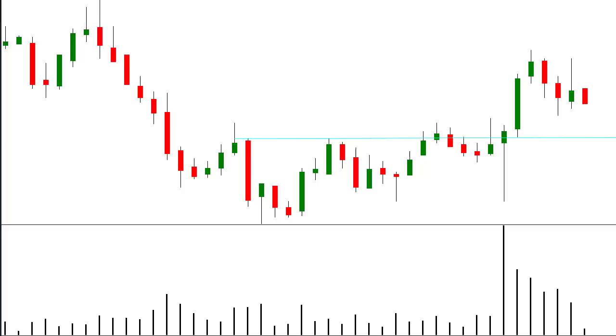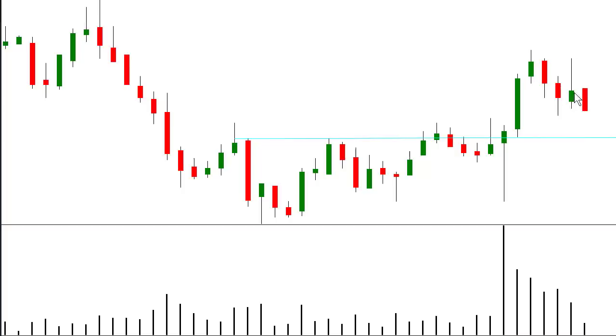Now, if it was a wide range bar from open to close, the real body was wide range, then the color makes more difference. Then whether it's red or green, yeah, that's more significant. But when it's narrow range between the open and the close, the real body, then that doesn't really make much difference. So the long wick above or the long wick below, that's what I'm more interested in. That's why I call that a bearish bar, even though it's green.